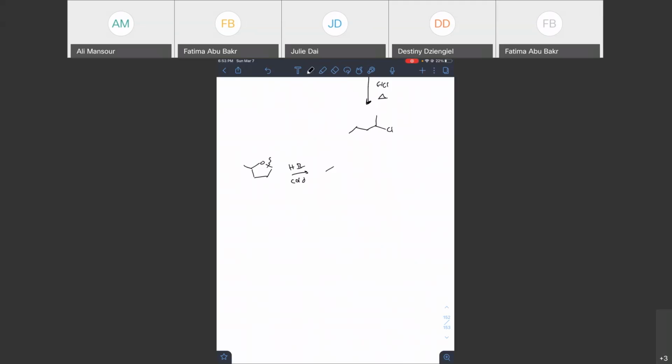So this looks like this, OH here, and then the Cl's on that side. Or sorry, Br in this case. Okay. So from here, we can just use the HBr and hot, and then that changes to a Br as well.